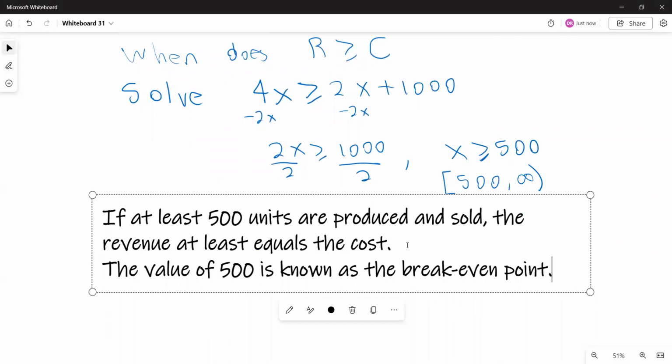Okay, so the last type of linear inequality I'm doing, and then I'm going to do quadratic inequalities, is going to be a three-part inequality.